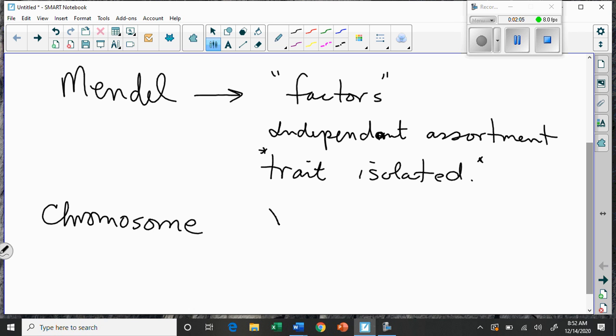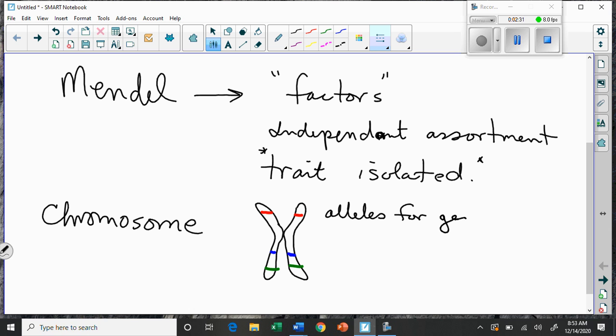Remember, what we have is a chromosome. Here it is in its doubled copied form, ready for meiosis or mitosis. And we have these spots all over here. We'll draw a couple just for fun. These are regions on the chromosome, and these, of course, are what we call the genes. These are the alleles for genes.